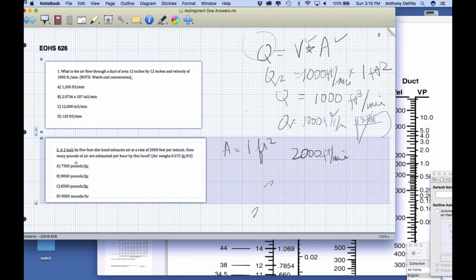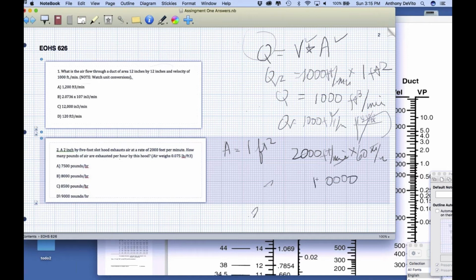And we want to know how much weight of air, or mass of air, is exhausted over a period of how long. How many pounds of air are exhausted per hour? We have it per minute, so let's multiply by 60 minutes per hour. Minutes cancels out, and we wind up with 4 zeros.